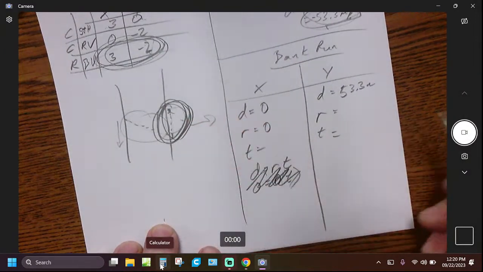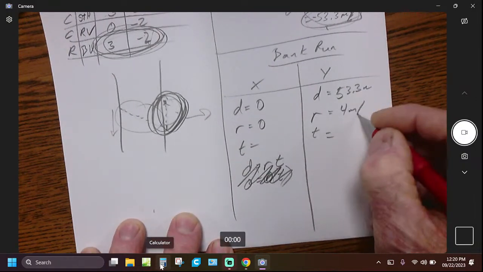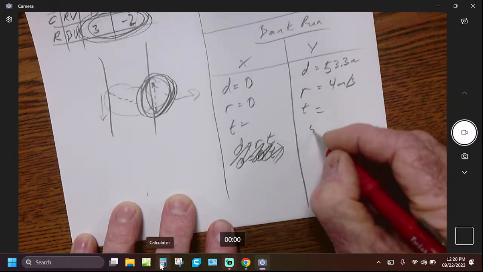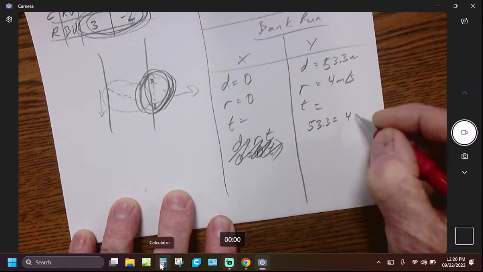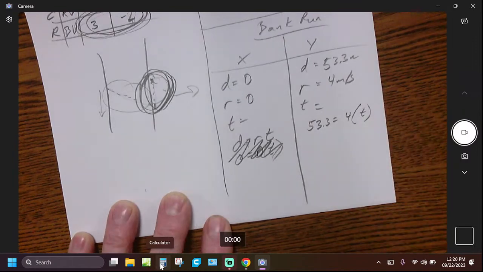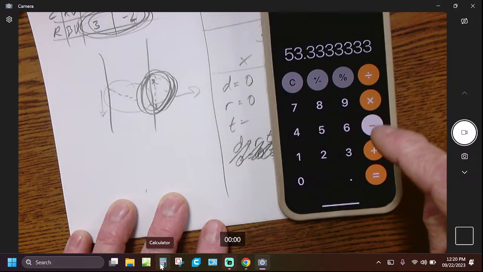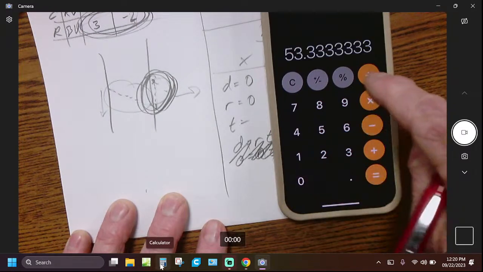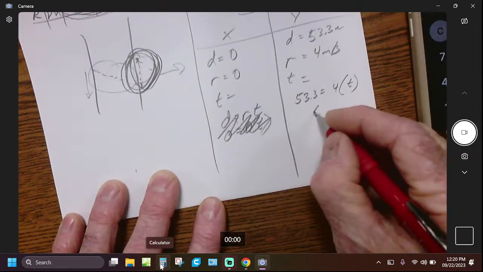This is from the problem. Does anybody remember? How fast can he go on the bank? 4 meters per second. So now we can do it. If distance is rate times time, 53.3 equals 4 times t, so t is 53.3 divided by 4, which is 13.3.